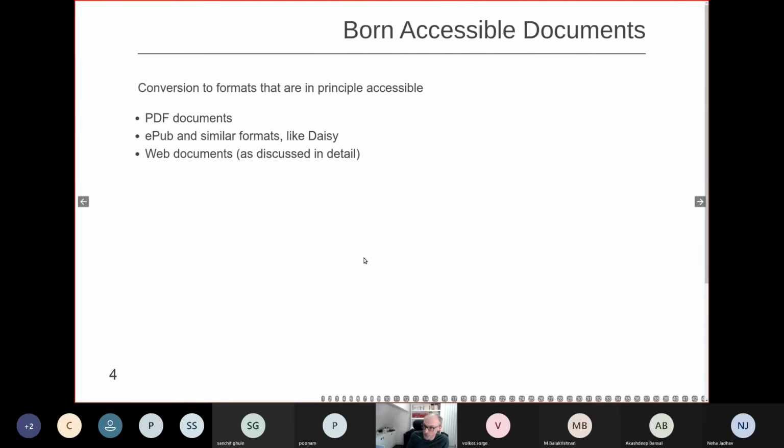Right, so just to wrap up about documents in general and math documents in particular, there's a number of things we haven't talked about yet. One is, for instance, PDF documents as such, as a source of accessible documents. We haven't really talked about EPUBs and similar formats like DAISY, and obviously what we really have talked about is web documents.